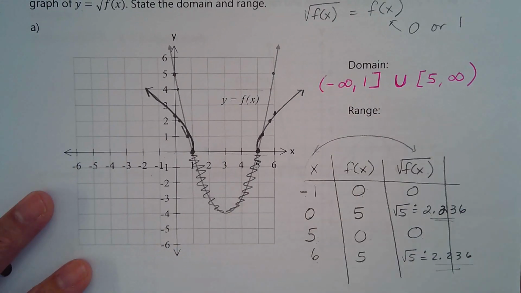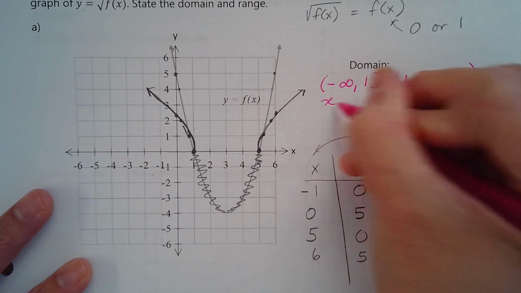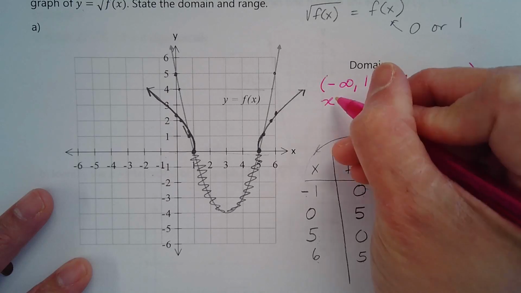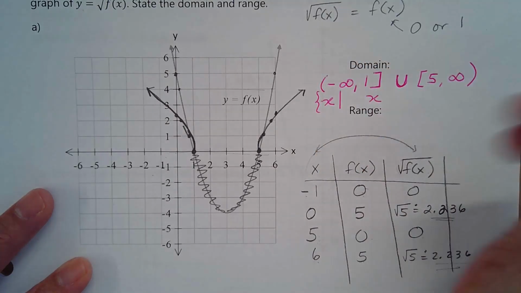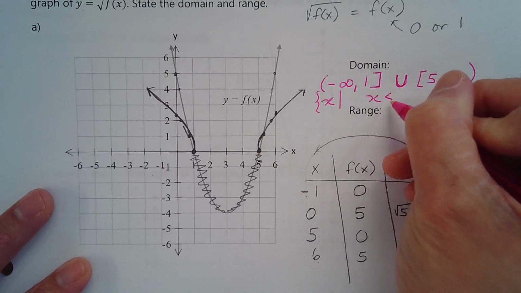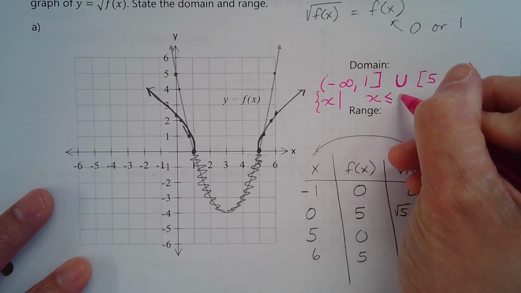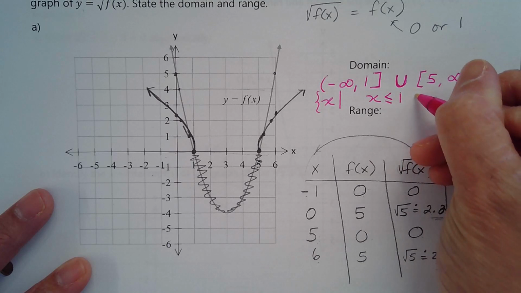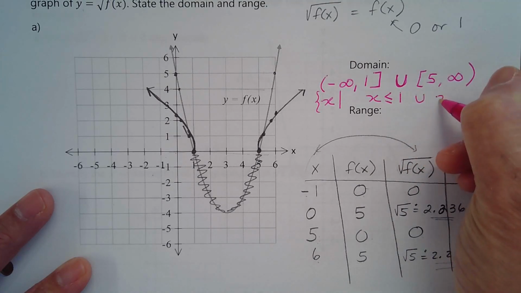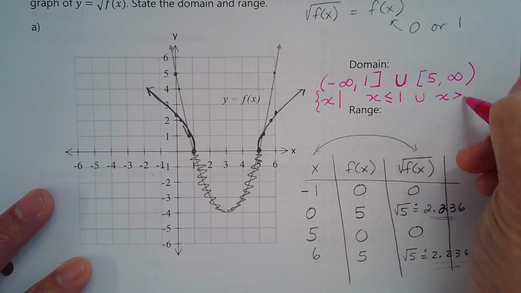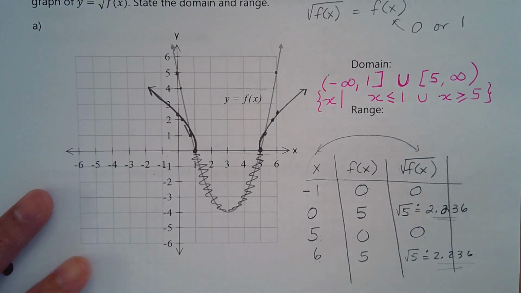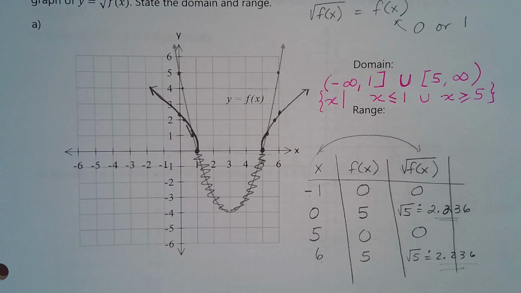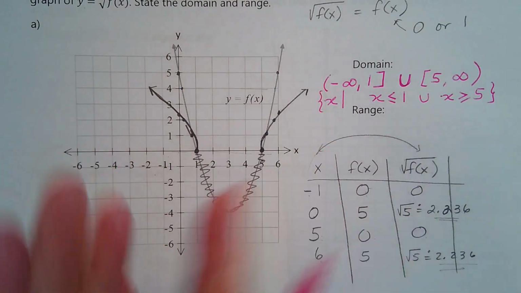Oh, let's do the other one first. So x has to be less than or equal to 1, union x has to be greater than or equal to 5. Okay, so far so good, because there's a break between 1 and 5, right? It's not defined there.